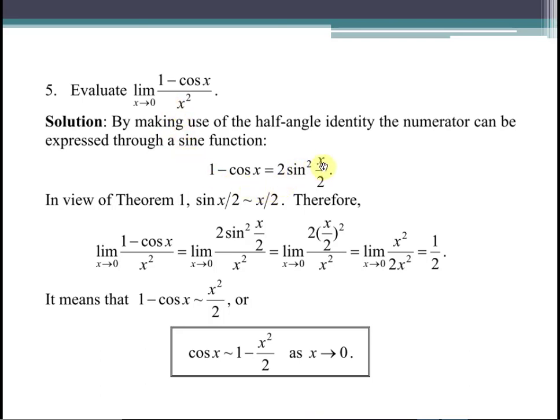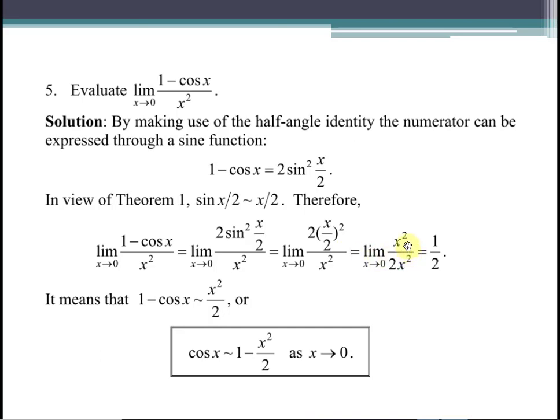From the trigonometric course, 1 minus cosine x is equal to 2 sine squared x over 2, with the half angle. So from theorem 1, we need to change this 1 minus cosine x with this one. Here we have 2 sine squared x over 2 over x squared. And then sine x over 2 is equivalent with x over 2. But here we have squared, that's why x over 2 squared.